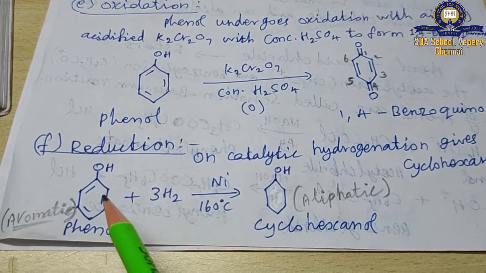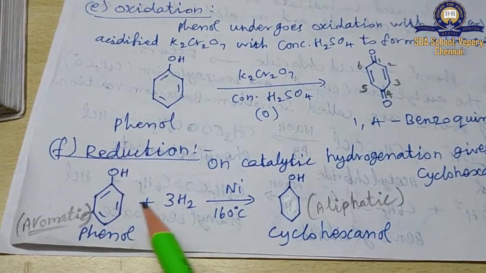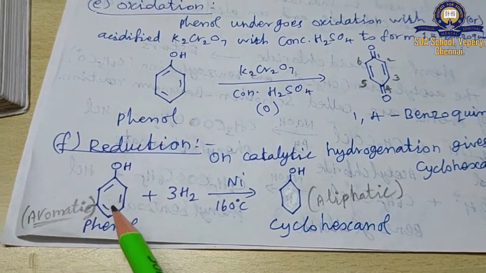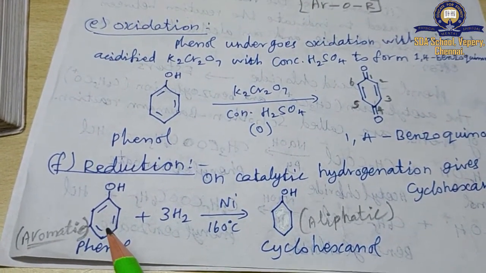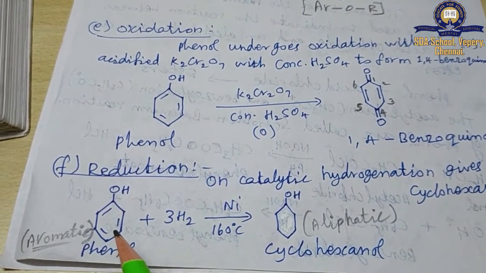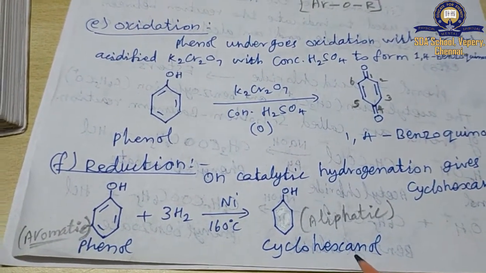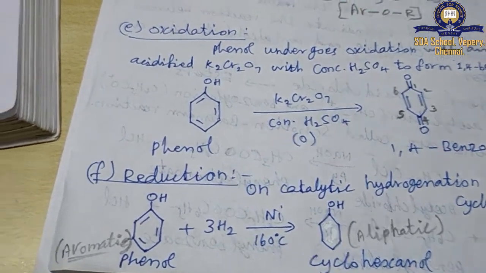So on the rest of the 5 carbon atoms, hydrogen is going to get added using these 3 delocalized pi bonds inside the benzene ring. So the aromatic compound becomes an aliphatic compound, that is cyclohexanol, with nickel at 160 degrees.